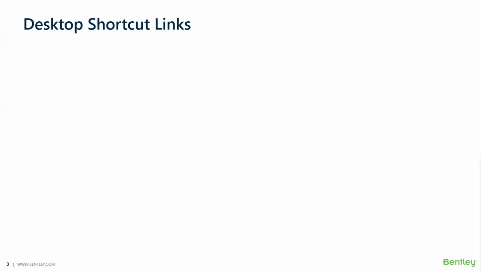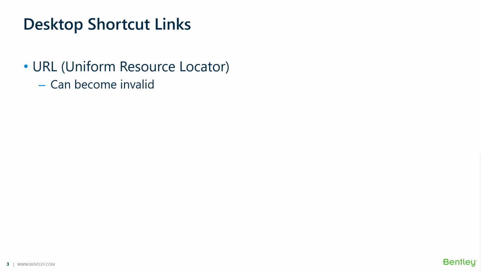So let's do a quick summary regarding desktop shortcut links to ProjectWise folders and documents. It uses URL, Uniform Resource Locator, to create the desktop shortcut, and it can become invalid when the folder name changes or the document moves to a different location.